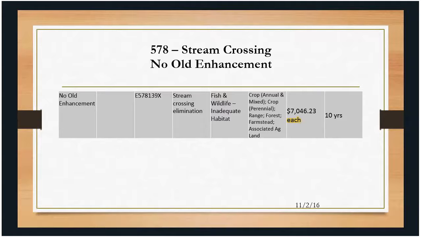The enhancement is stream crossing elimination, but the practice is building stream crossings, and it's applicable on any land use, and it's worth $7,000 each. So you can kind of get an idea of what they're envisioning here.